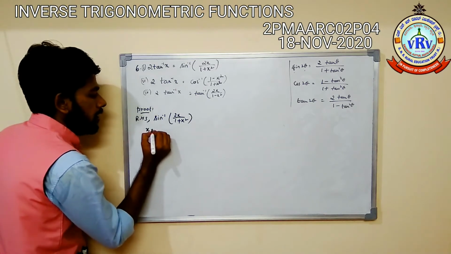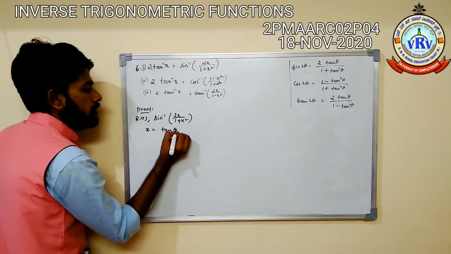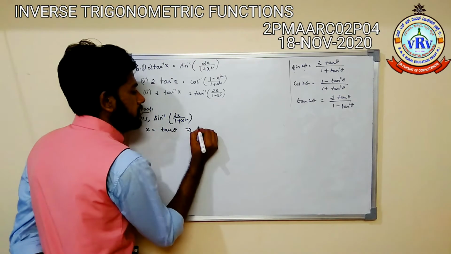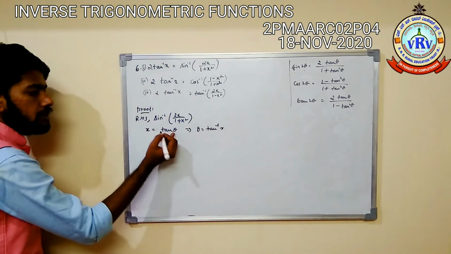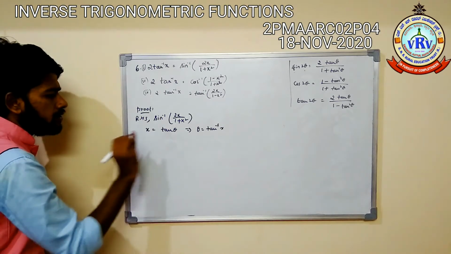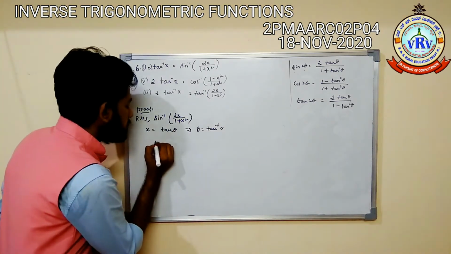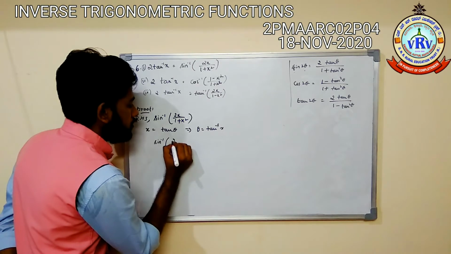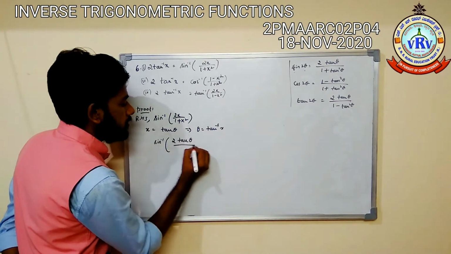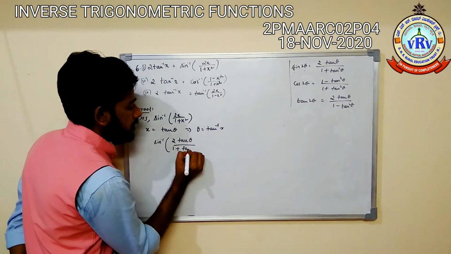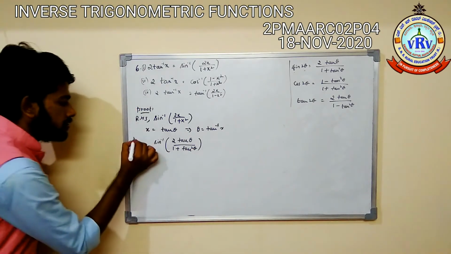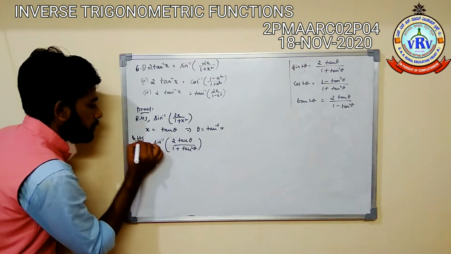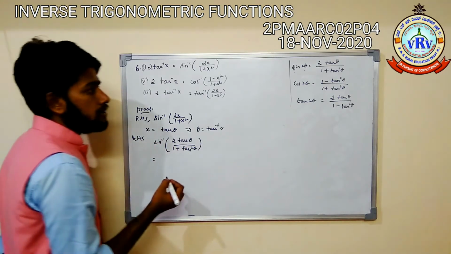Then I am applying x is equal to tan theta, which implies theta is equal to tan inverse of x. Okay, x is equal to tan theta means theta is equal to tan inverse of x. Just write like this. Applying to this function, sine inverse of 2 into tan theta divided by 1 plus tan square theta. Okay, this is RHS. I am applying just x as tan theta.